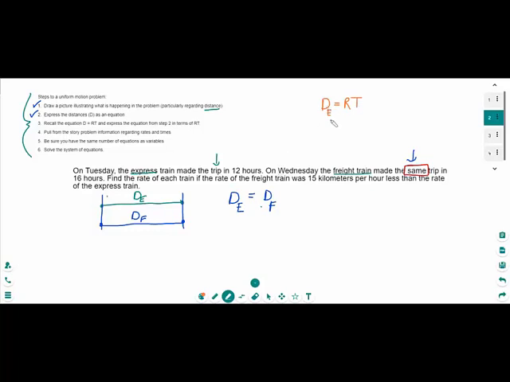The distance of the express train is going to equal the rate of the express train times the time of the express train, right? I think you can see that. We're just taking the generic D equals R times T and applying it to this particular problem by replacing the D's and the R's and the T's with the D's and R's and T's for the express train. In other words, we put a sub E underneath these.